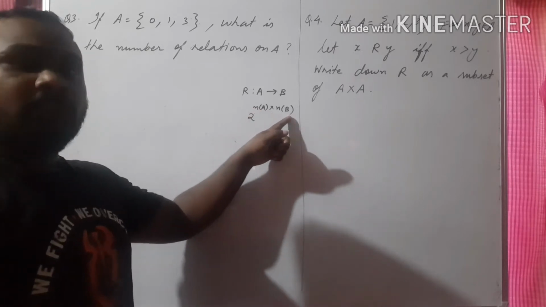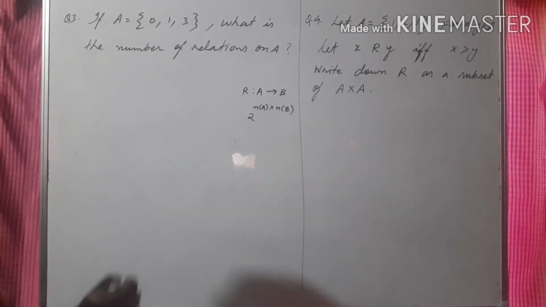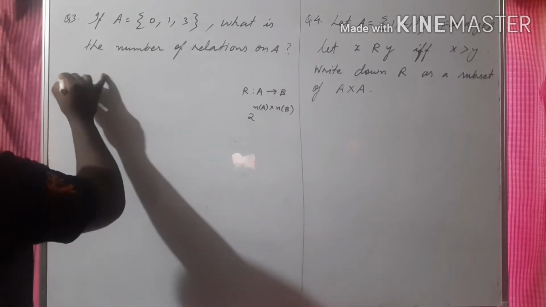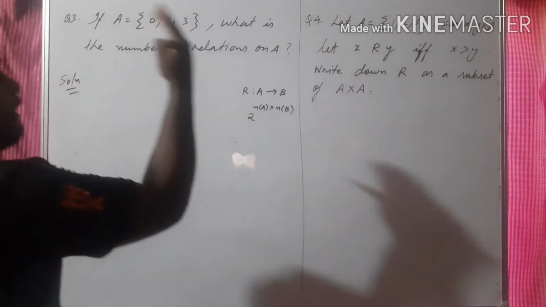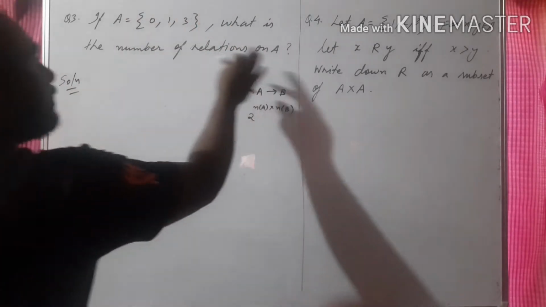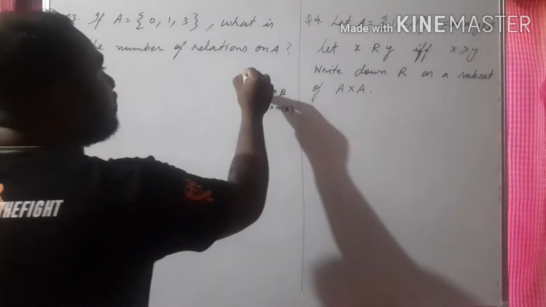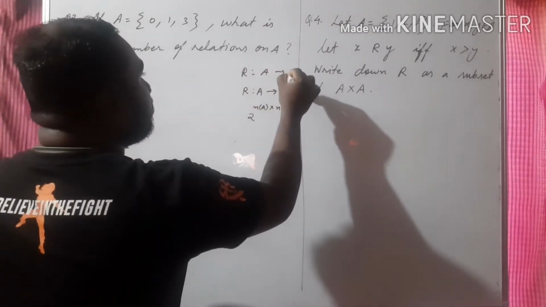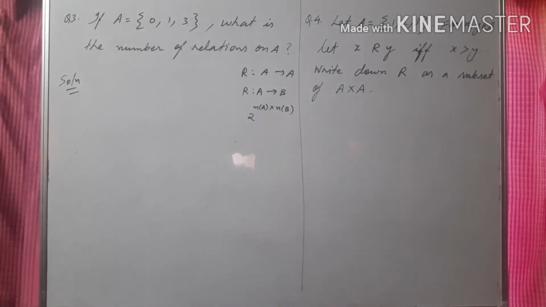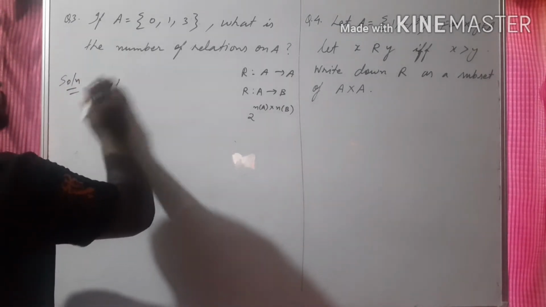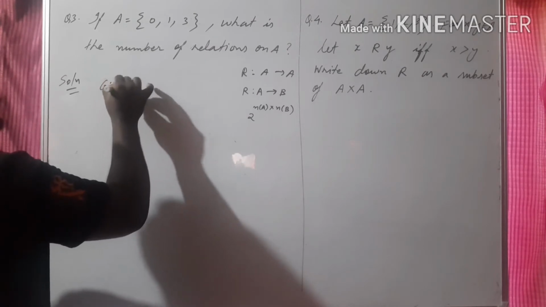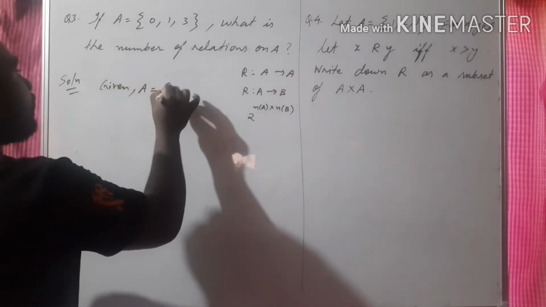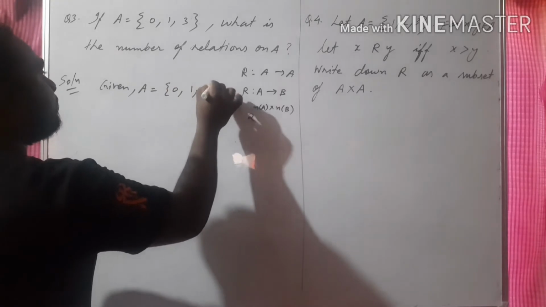Okay, so here in this case our relation is on a set, isn't it? On a set means the relation is going from A to A, so we are defining a relation from A to A. Here we have the set given A is equal to 0 1 3.